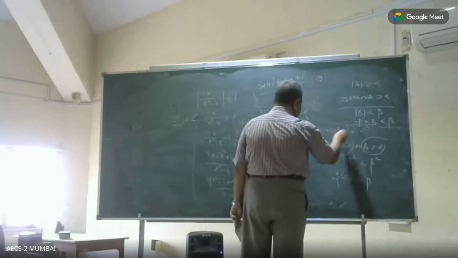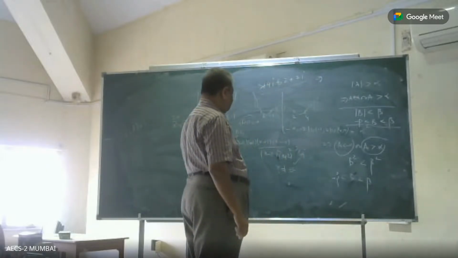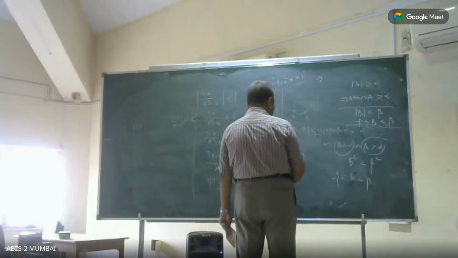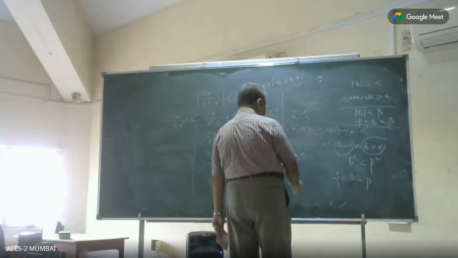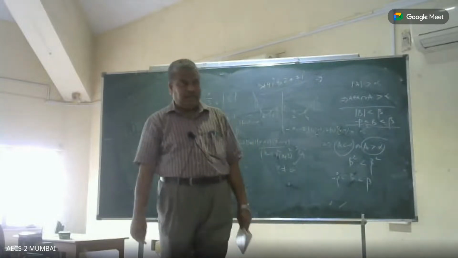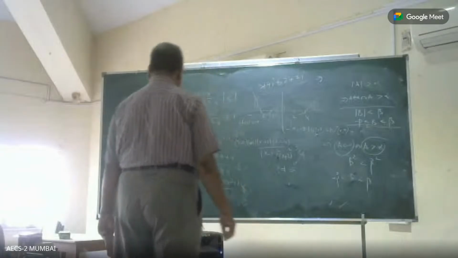Minus 1 with a close bracket. You can include it, and 4 also you can include. And for 2 and minus 2 you cannot include, because this is degenerate. Correct? So this is only one part. Now you solve this part.